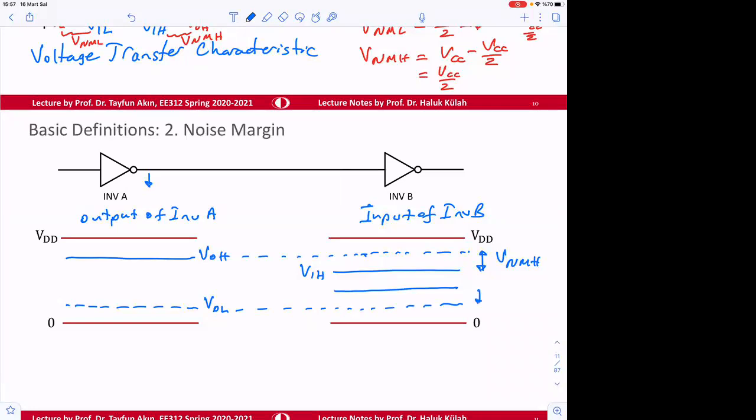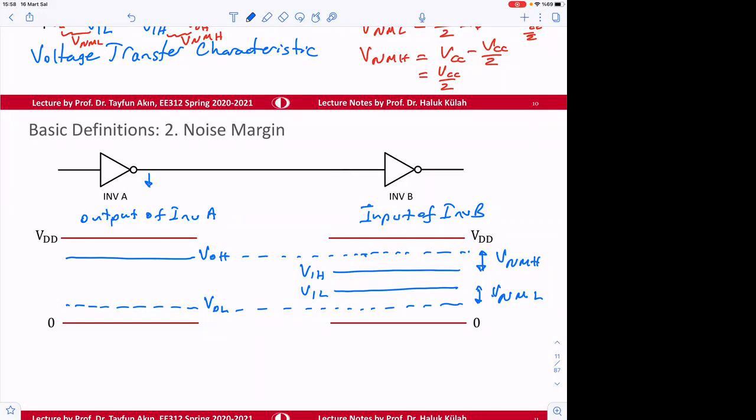And then how much less? The voltage difference, we call it noise margin low. So the point here is, this is input low. Output low should be lower than input low. That is the basic idea here, because if it is the other way around, then it won't work.